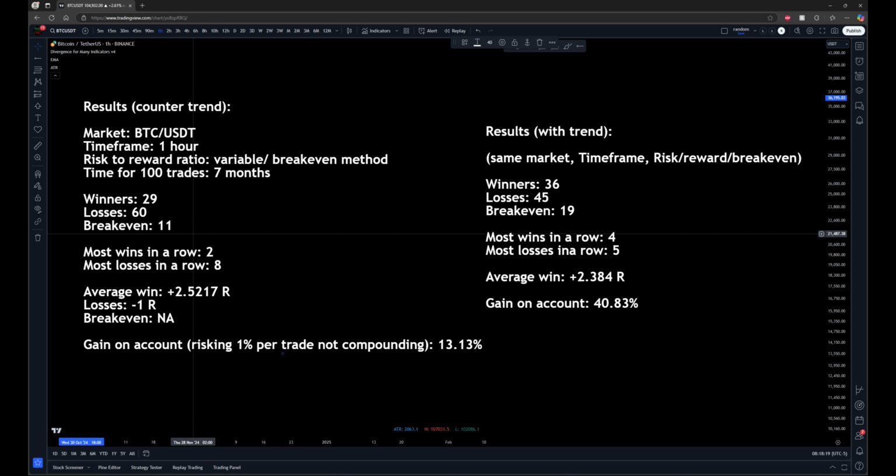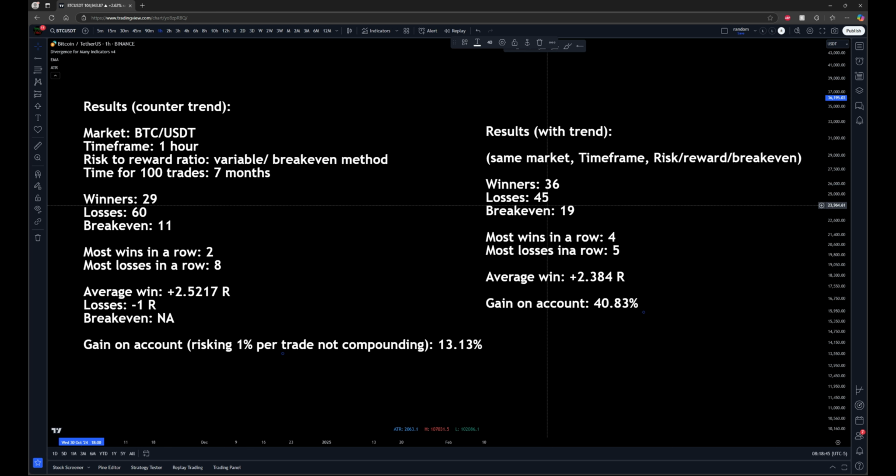Which in my various tests that I've done on my channel, testing how often trends continue, got around 60 to 70% of the time. Trends continued. So that lines up perfectly with our 60 losses and 11 break evens that we got here from the counter trend divergent results. So 60 to 70% of the time, we see that trends do continue.